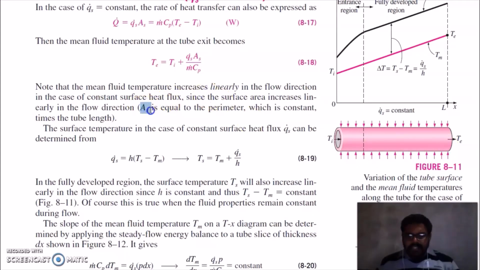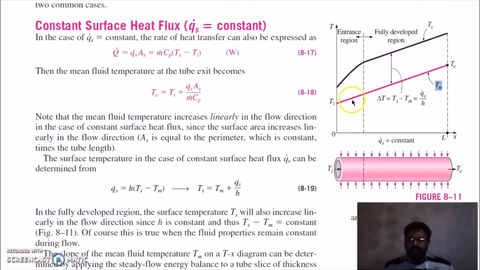So As is equal to the perimeter, which is constant, times the tube length, and the tube length is varying from 0 to L. It means As is increasing linearly. So Tm will also increase linearly from Ti to Te. So this is the variation of the temperature of the fluid. Now consider the surface temperature Ts, which is the temperature of the surface.